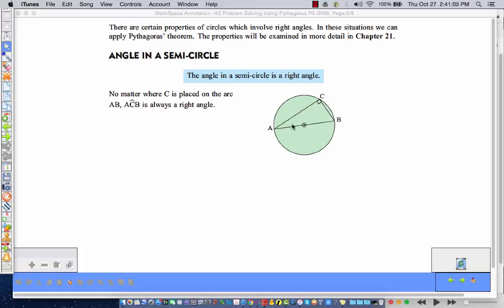The important part is it has to be formed in the semicircle, meaning that the diameter of the circle must be part of the triangle. In fact, it will always be the hypotenuse in this case, because the right angle will be the vertex that is on the circle. So no matter where this is, it's going to be a right triangle.